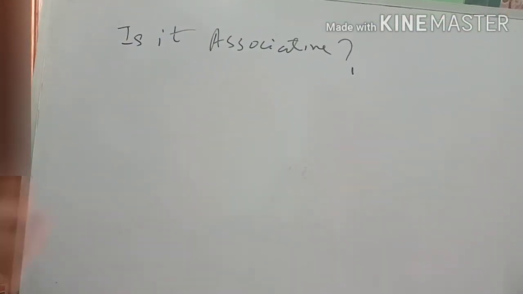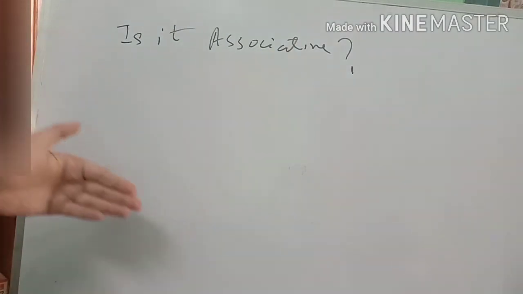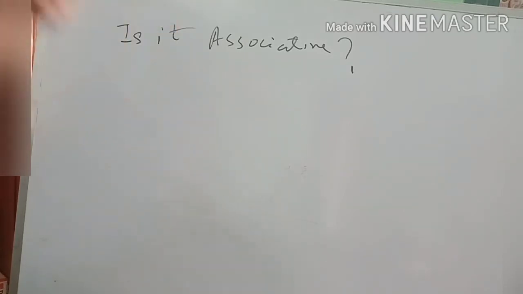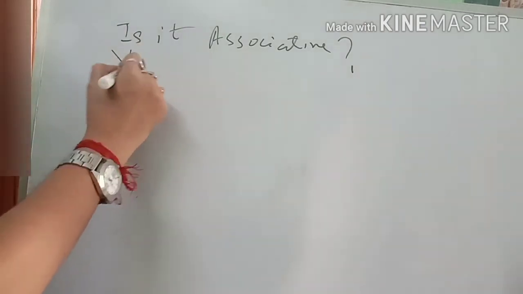Next question, we are going to ask ourselves, is it associative? We know that it is not commutative. That's proved. Now is it associative? Yes, it is associative. Answer is yes.